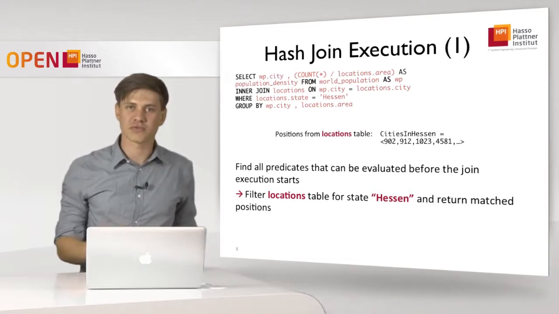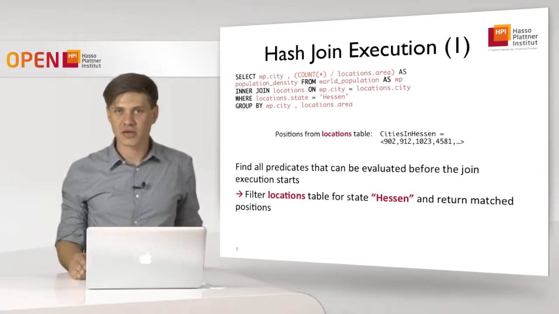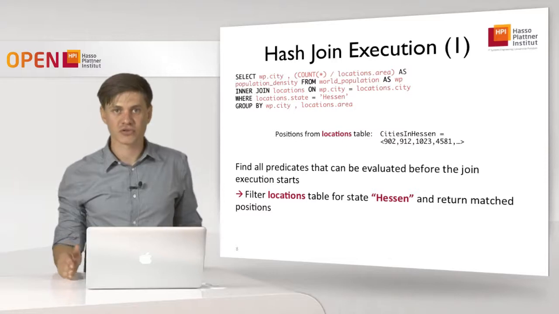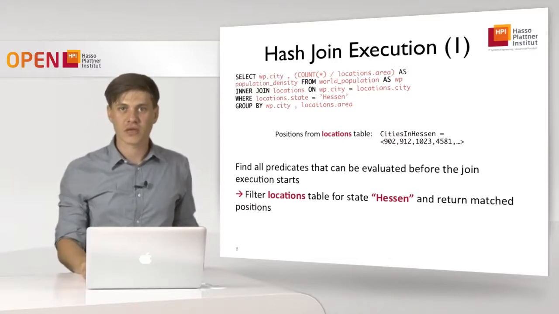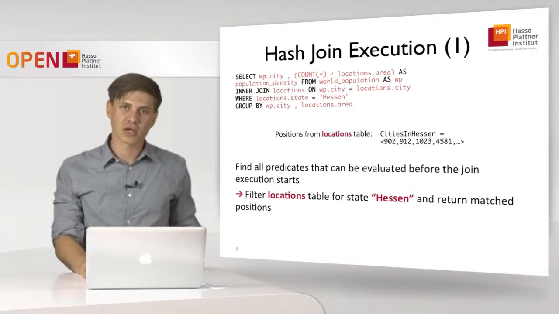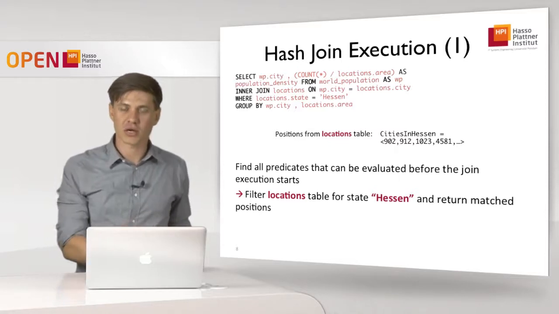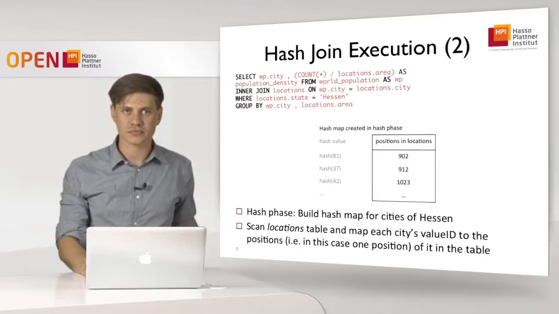So we will apply the filter for the state of Hessen first, and then continue with the join operation. In that case, we have a list of tuple IDs which represent the tuples that are cities in Hessen.